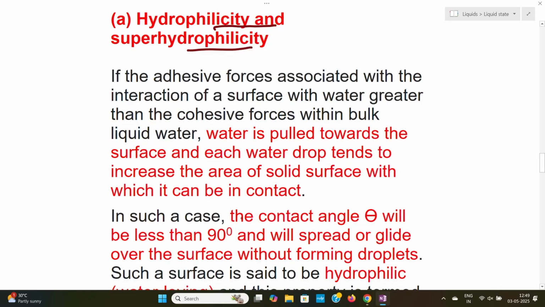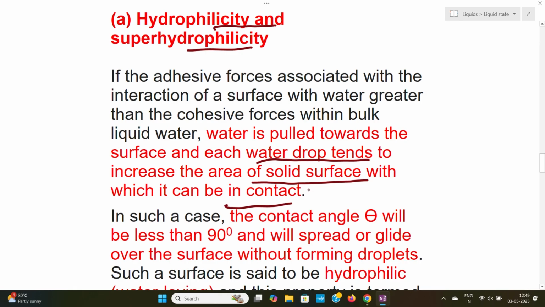If the adhesive forces between the liquid molecules and the solid surfaces are strong, that is, greater than the cohesive forces between the liquid molecules, then the water is pulled towards the surface and each water drop tends to increase the area of solid surface with which it can be in contact.